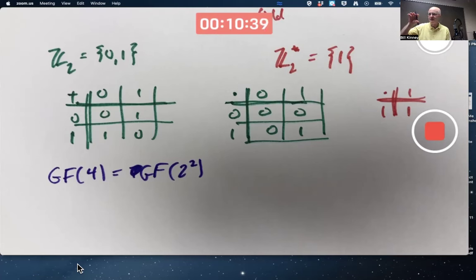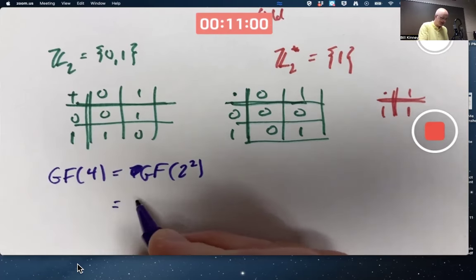And what are the coefficients going to be? The coefficients better be from Z2, and the representatives of the cosets better be linear, with 2 coefficients, so that we have 2 times 2, 4 possibilities. And yeah, that is a way we could construct this field.